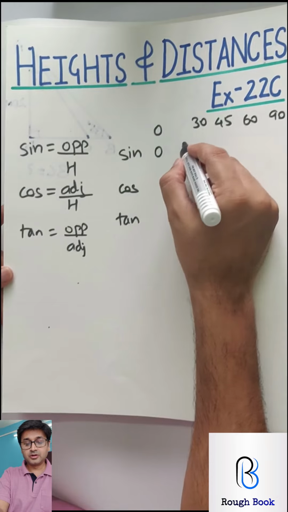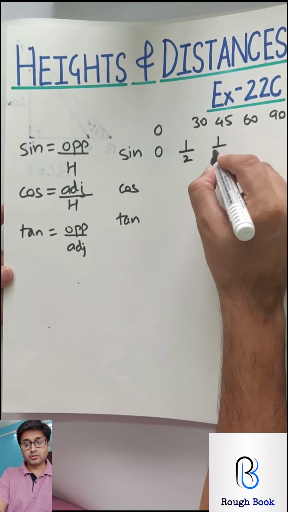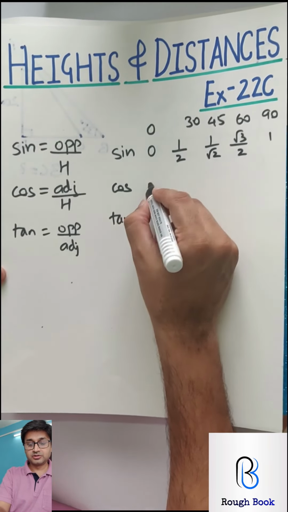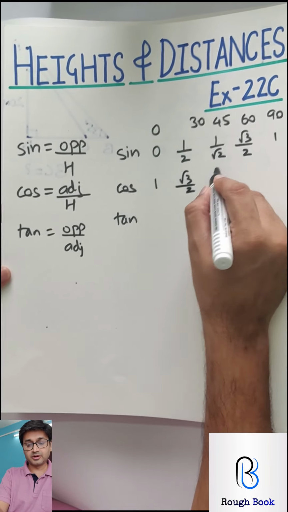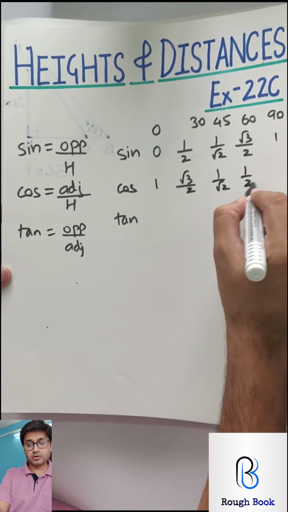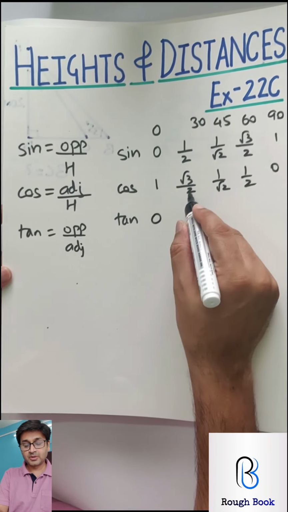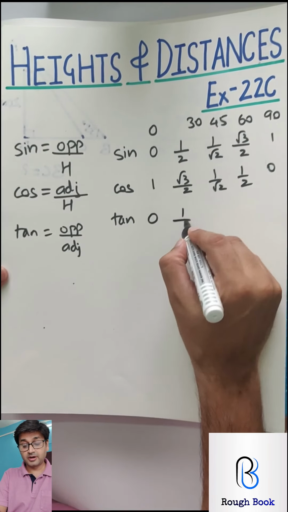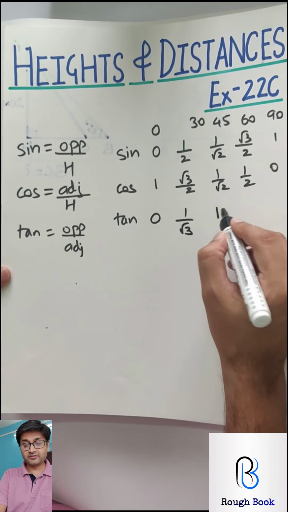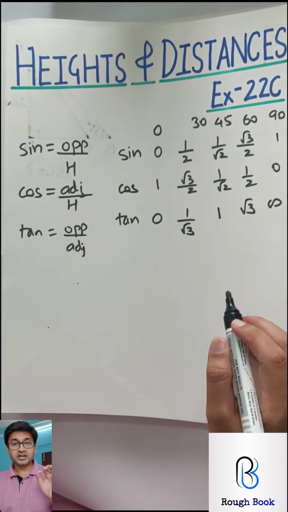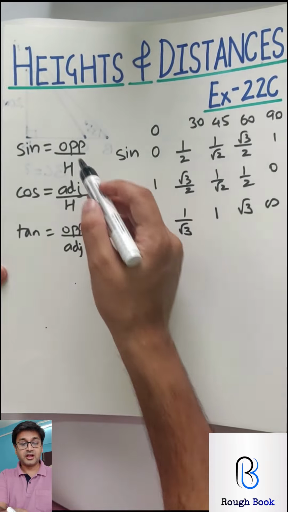Sine: 0 is 0, 30 is 1 by 2, 45 is 1 by root 2, 60 is root 3 by 2 and 90 is 1. Cos goes in reverse, so 1, root 3 by 2, 1 by root 2, half and 0, and tan is sine divided by cos, so you will get this as 0. Tan 30, by now we should learn it by heart, is 1 by root 3, 45 is 1, 60 is root 3, and 90 is not defined. So these values at least should be known to us pretty well.